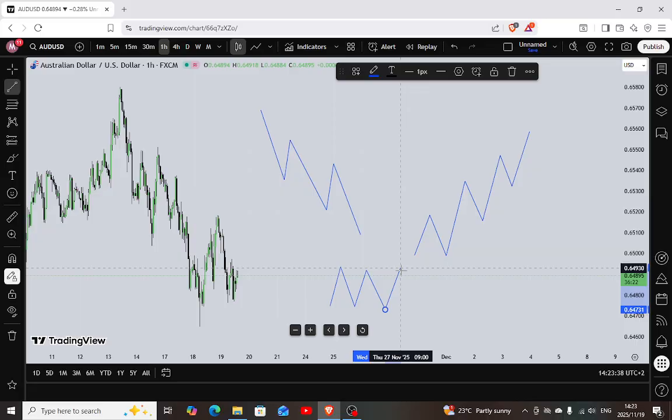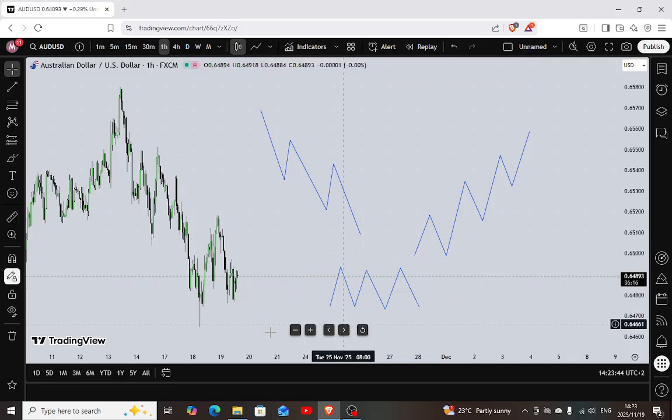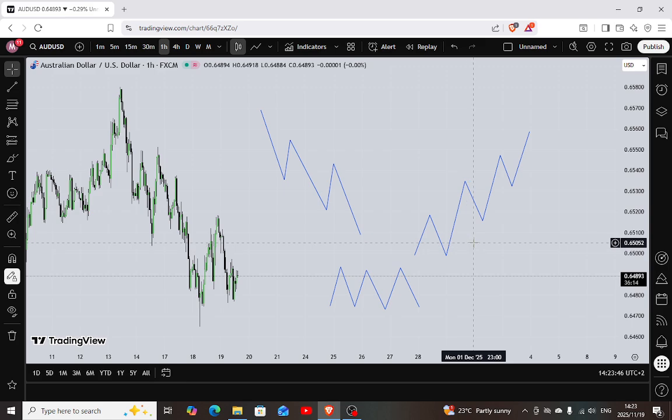But in this video, I'm not really going into details about where you take your entries or anything like that, because this is just a matter of introduction, so that you get the gist of the different types of market conditions that are there. So overall, the market can only move in those three directions.